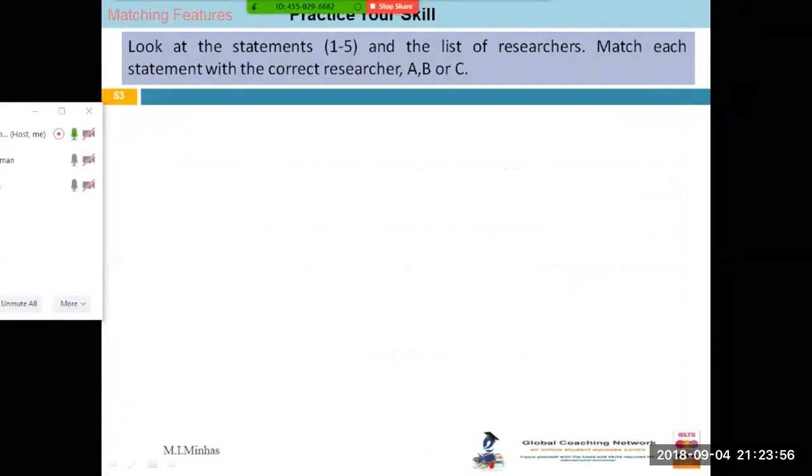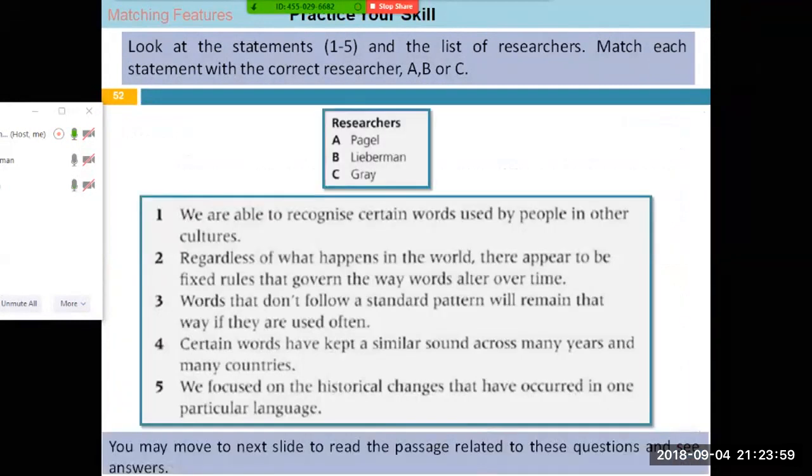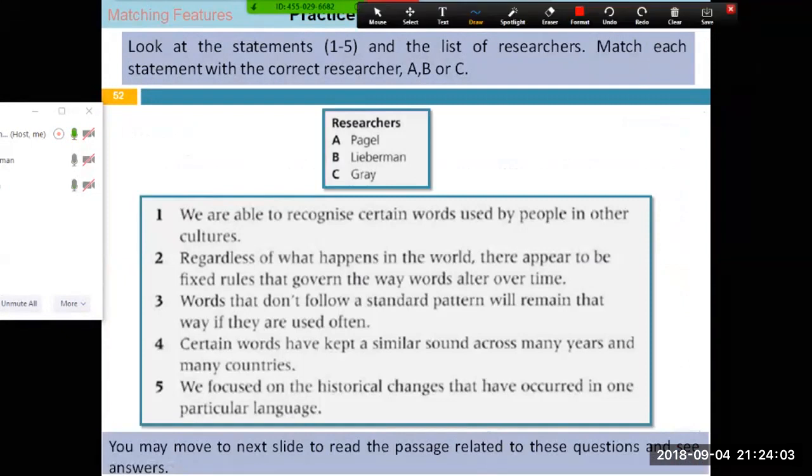Can you tell me the answer? Sorry, I've already pointed it out. We were able to recognize certain words used from other cultures. That means multiple cultures. So, Pagel.